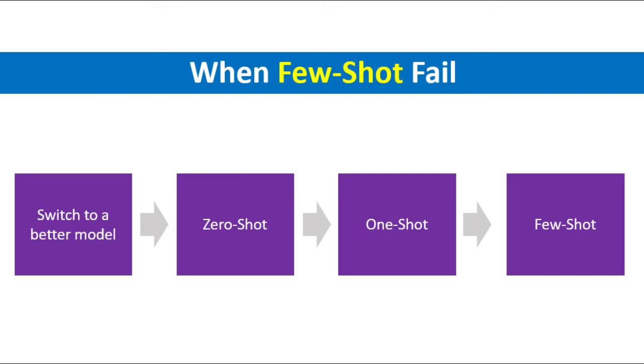So, as a thumb rule, when few-shot prompting is not helping with a model, we can safely shift to a better model and then again try zero-shot prompting. If that doesn't work, then you can try one-shot prompting, and if that also doesn't work, then you can try few-shot prompting. So this is the path you should follow.